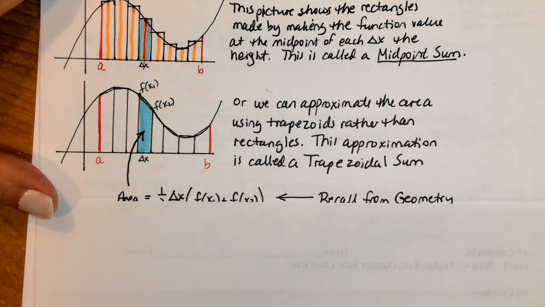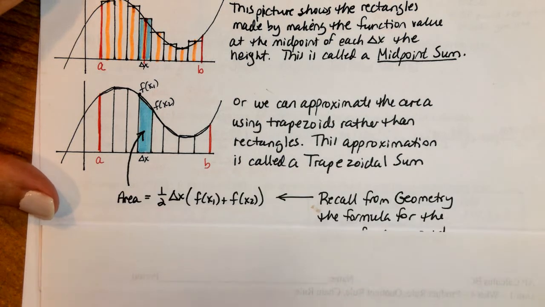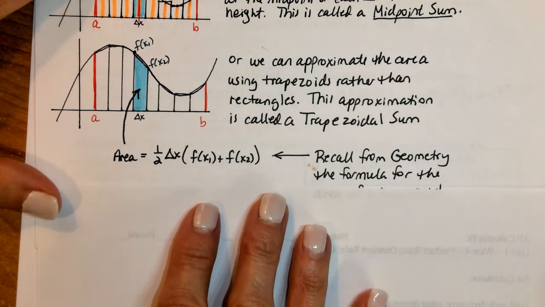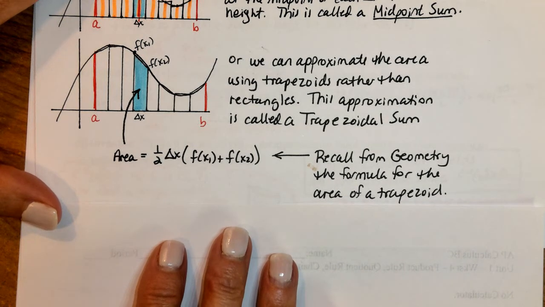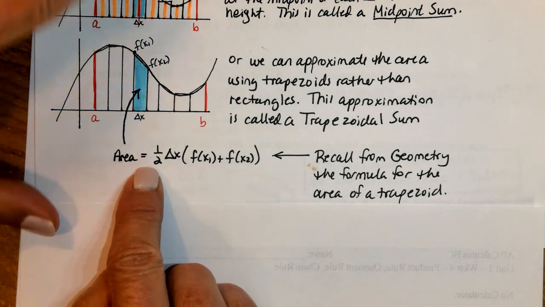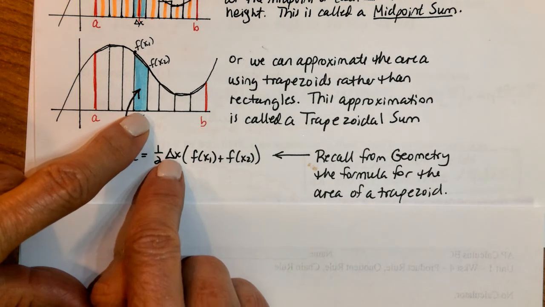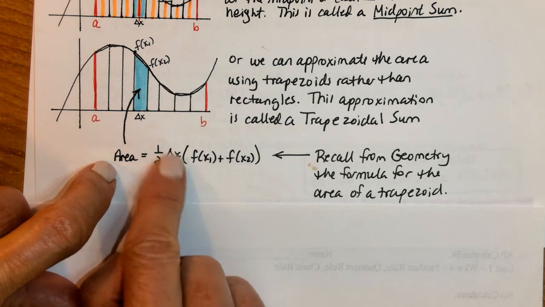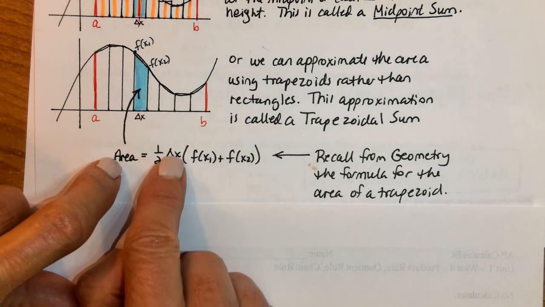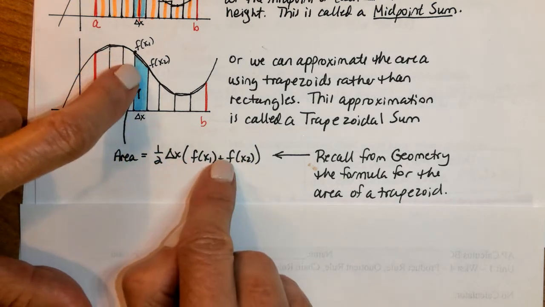For a trapezoid, we need to know the area of a trapezoid, which isn't as easy as length times width or base times height. It's half of the height of the trapezoid, which is going to be our delta x for us, so half of delta x times the sum of the bases.